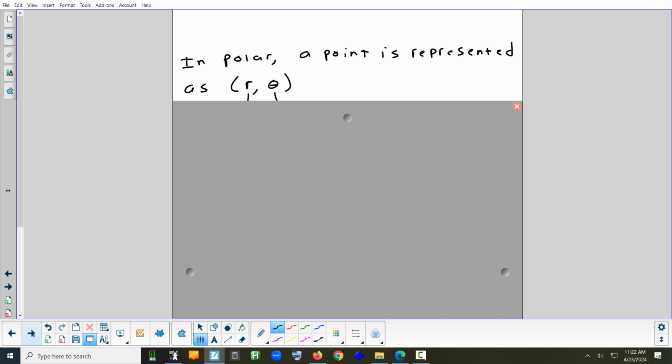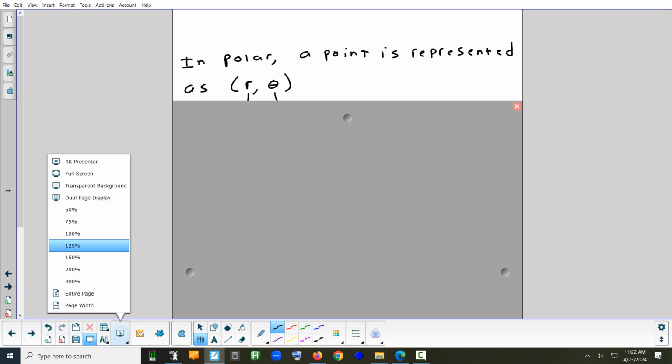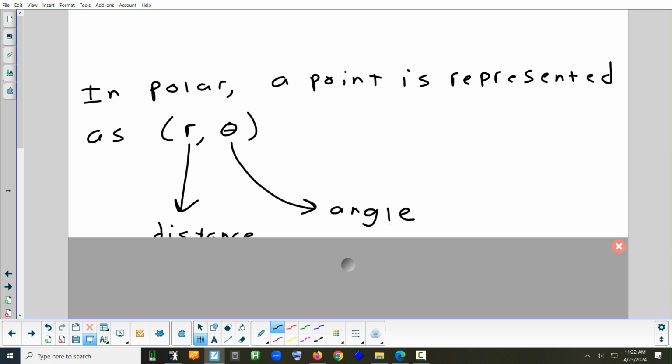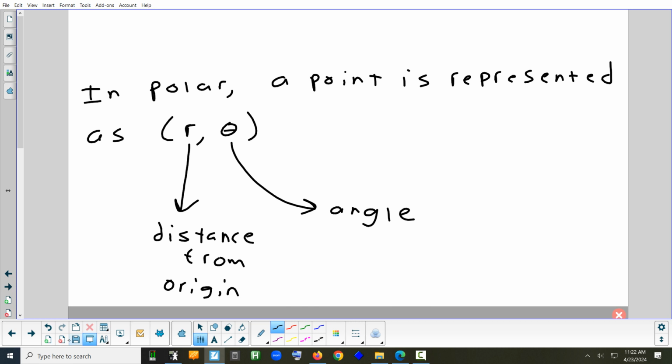It's an r and a theta. And those two labels are pretty accurate in describing what they are. What do you think the r is? Radius. It has to do with a radius, so that's how far out you move from the pole. And what do you think theta is? An angle from the polar axis. That's an angle from the polar axis, yep. It's an amount of rotation.